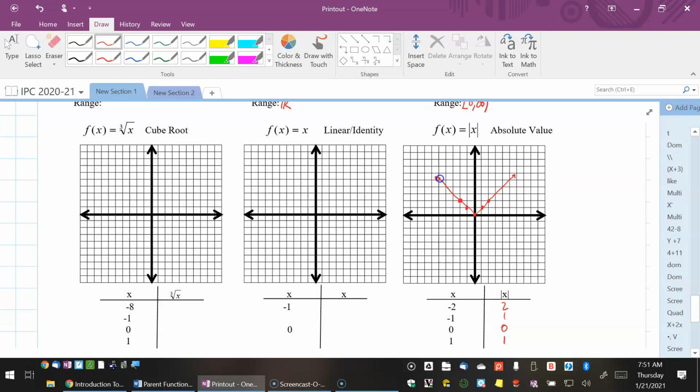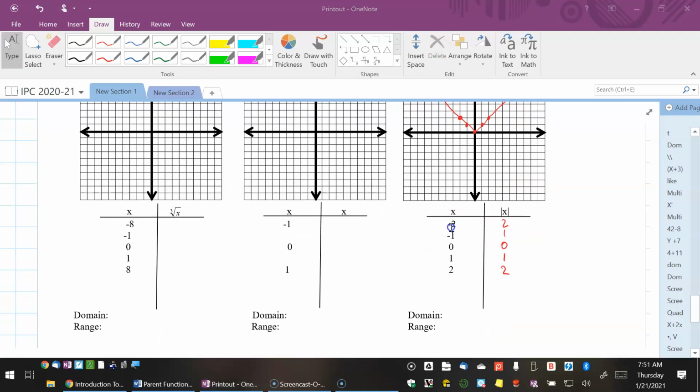Landon, what's the domain for absolute value? All reals. Absolutely. Domain is all reals. Mike, what about the range? 0 to infinity. Very good.